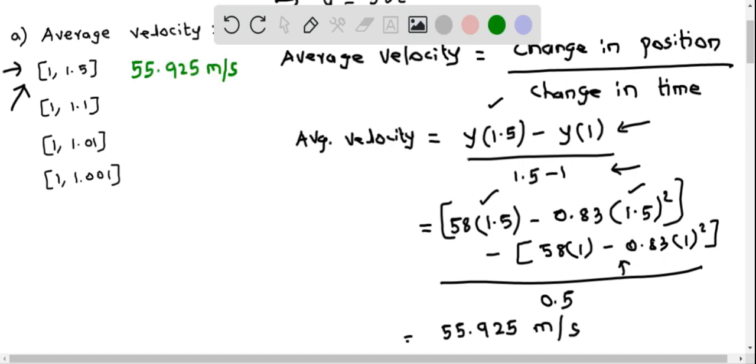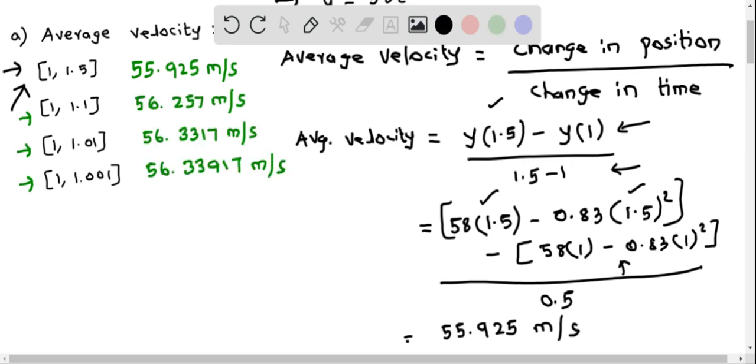In the same way, we calculate for the other time intervals, that is for 1 comma 1.1 and for 1 comma 1.01 and for 1 comma 1.001. We have to use the same formula, that is average velocity equals change in position over change in time, and we plug this value in the calculator and we will get the values of average velocity.